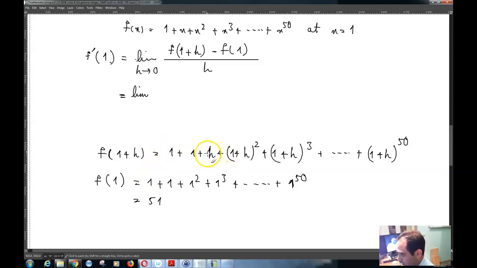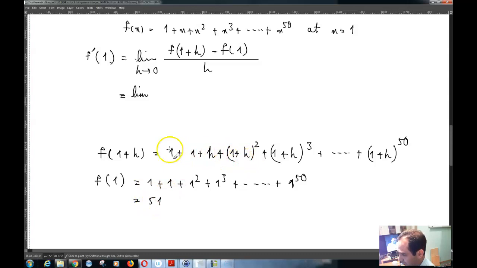So then you can write this as this whole thing. If I calculate f of 1 plus h minus f of 1, it would be basically this whole expression minus this, minus 51.